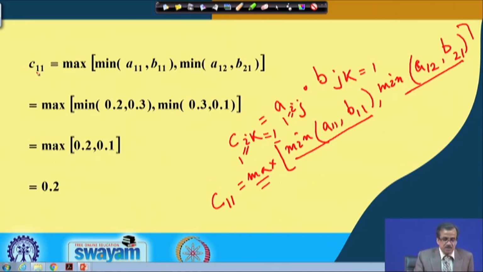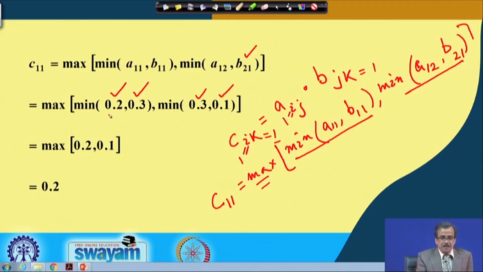Now corresponding to this numerical example, A_11, the A matrix first row first column, is 0.2. Then B_11, the B matrix first row first column, is 0.3. Next comes the minimum between A_12, the first row second column, which is 0.3, and B_21, the second row first column, which is 0.1.